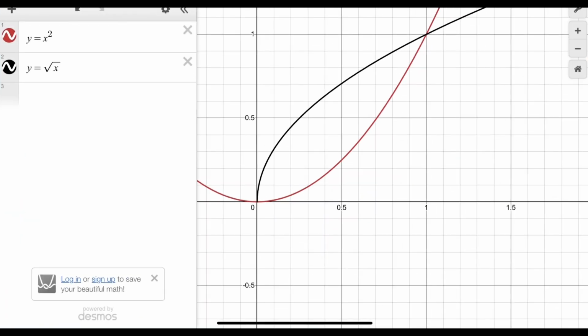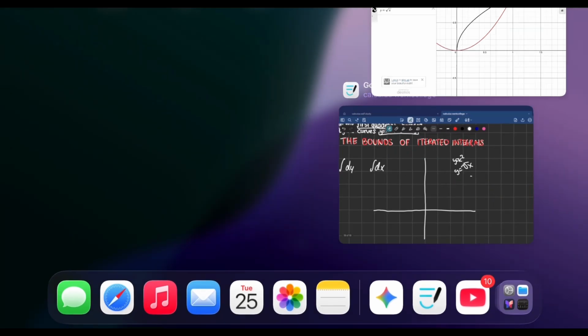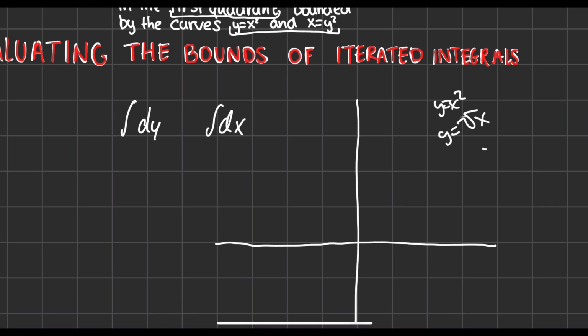Horizontally speaking, so dx, we can easily see that the intersections are (0, 0) and (1, 1). You don't have to draw that to see it, you can just calculate it. For y equal to 0, x should also be 0, because 0 squared is 0. And for y equal to 1, x squared is also 1.